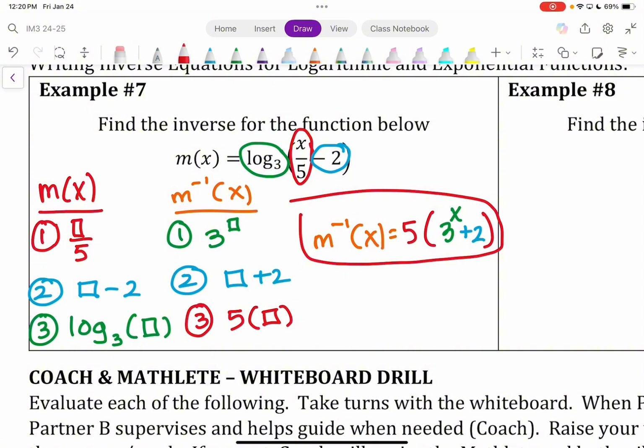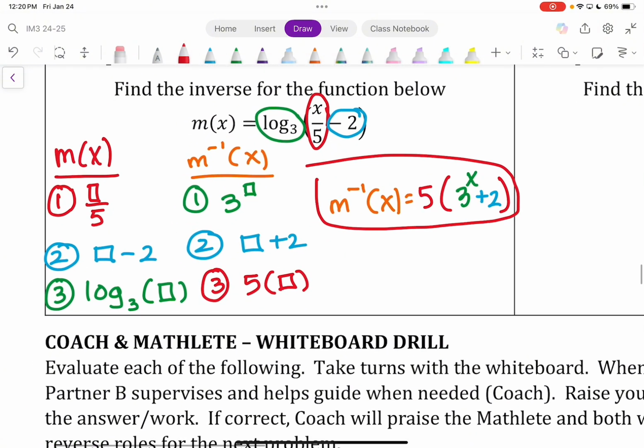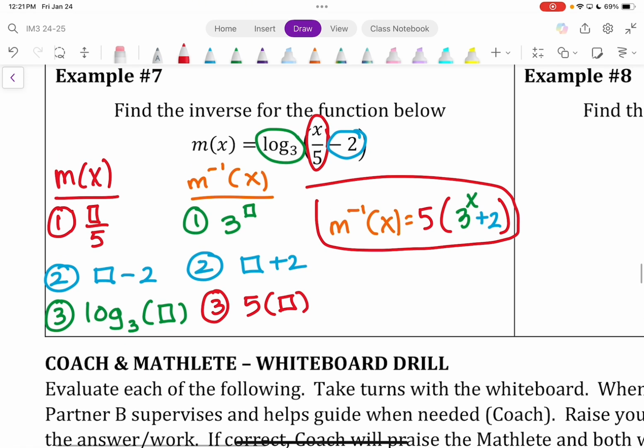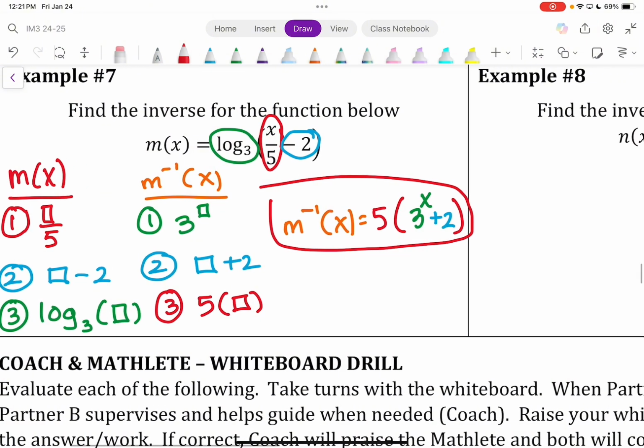Okay, so let me leave that up there for you guys to write down. And we'll move on to example number 8.